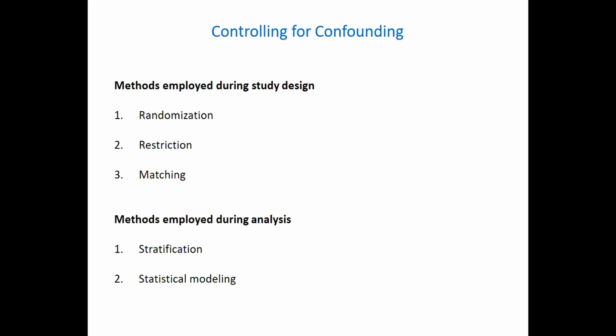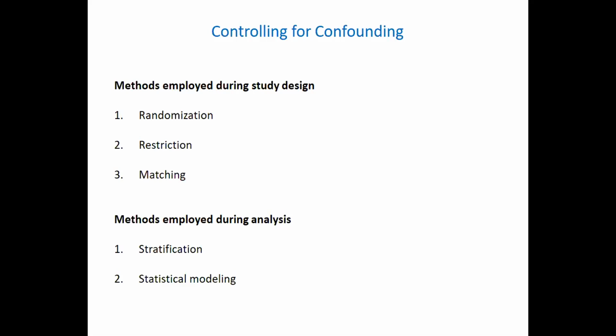The ones we are interested in are these last 2. The methods you employ during data analysis. And these are common with observational design, because in observational design, you don't have the opportunity to manipulate or control the environment like in experimental design. So in observational design, you try to remove this confounder during analysis.